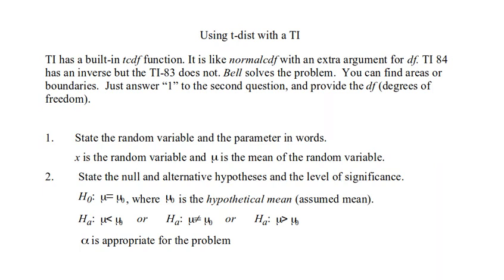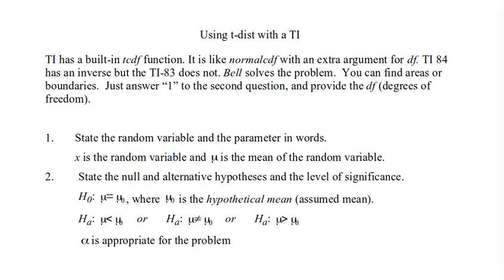It's very much like the normal cumulative distribution function with an extra argument for the degrees of freedom. The TI-84 has an inverse, but the TI-83 does not. So we use Bell, that program that you've installed on your calculator, to solve this problem. If we want to find a student t-distribution with Bell, we enter 1 to that second question for a t-distribution and then provide the degrees of freedom.